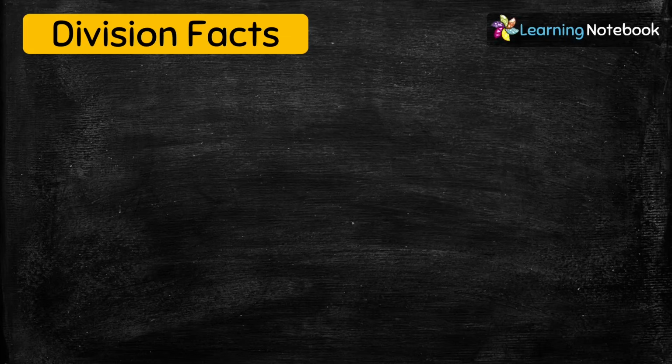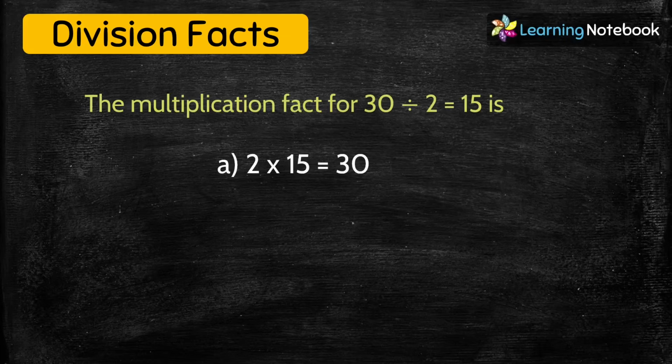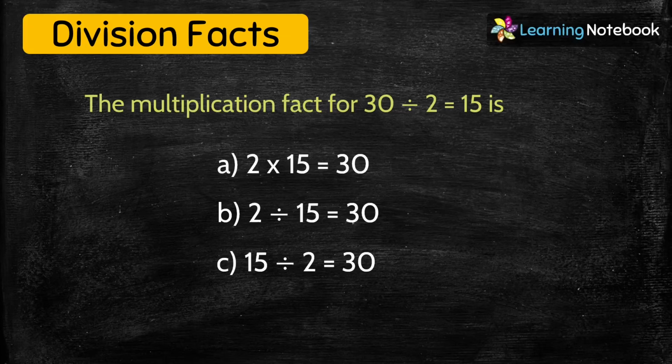So now students, can you tell me the multiplication fact for 30 divided by 2 equals 15 from the given options? Is it A, B or C? Yes, it is A. 2 multiplied by 15 equals 30.